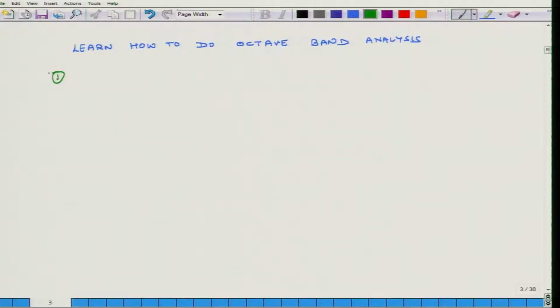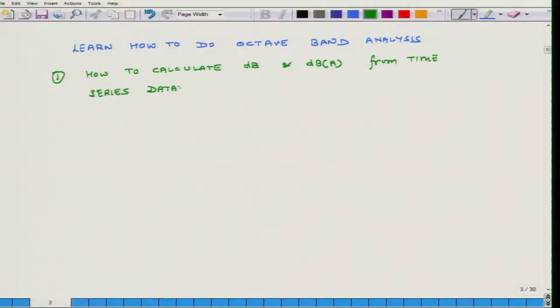First, we have to know how to calculate dB and dBA from time series data. This is the first thing we have to know.